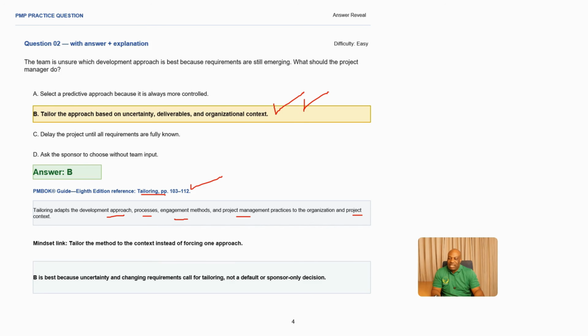So what is the mindset that we are applying here? We are applying tailor the method to the context instead of forcing an approach. So this is always a good practice. In practice, always tailor every approach based on the project context, not just because it has been written somewhere or it was said by someone. So that makes B the best answer because uncertainty and changing requirements call for tailoring, not default or sponsor-only decision. Okay, so this makes B the best answer.